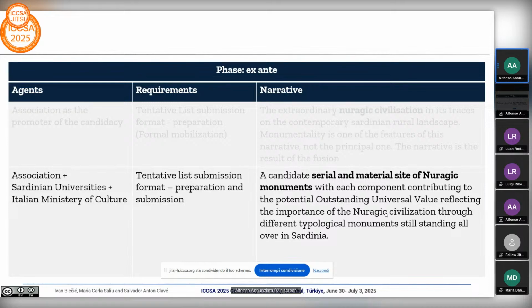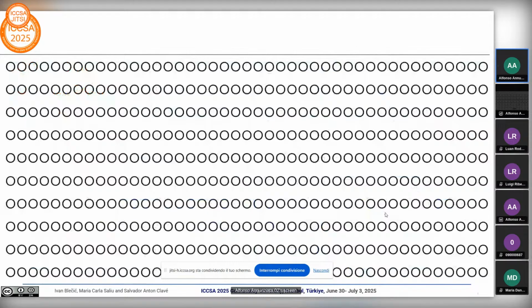candidate serial and material site, which means a site made by two or more components of nuragic monuments, with each component contributing to the potential outstanding universal value, reflecting the importance of the nuragic civilization. So we started the process talking about an undefined number of monuments all around Sardinia.